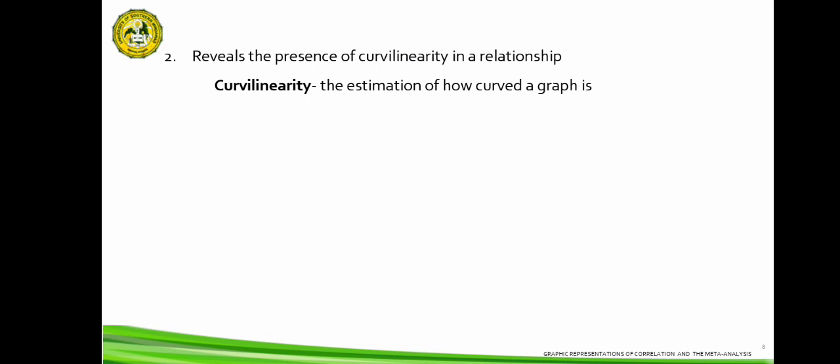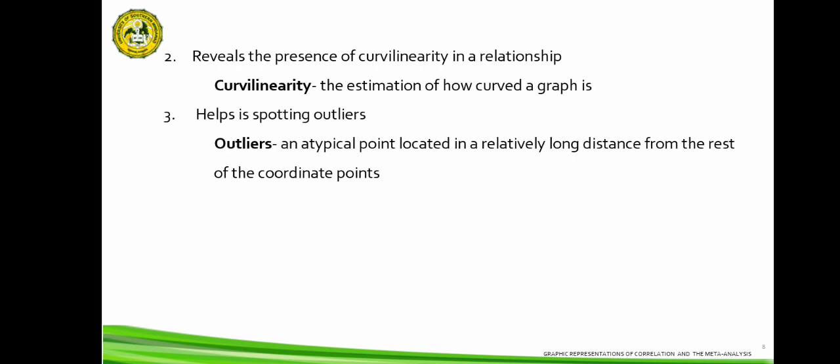And then next, it helps in spotting outliers. What are these outliers? Outlier is an atypical point located in a relatively long distance from the rest of the coordinate points.